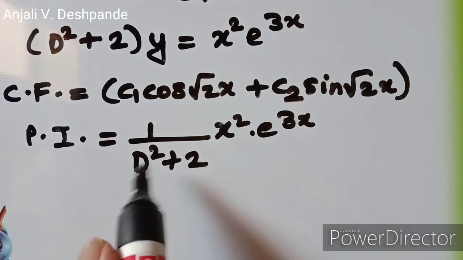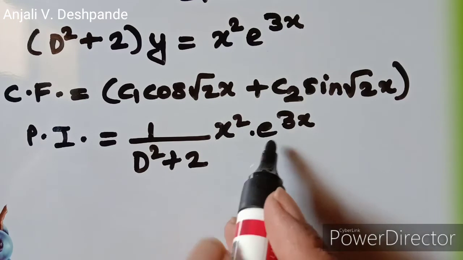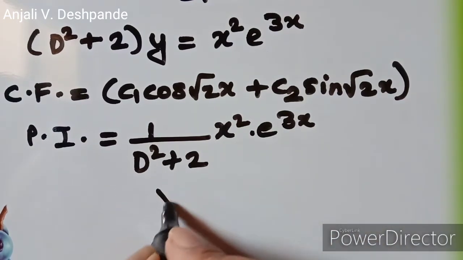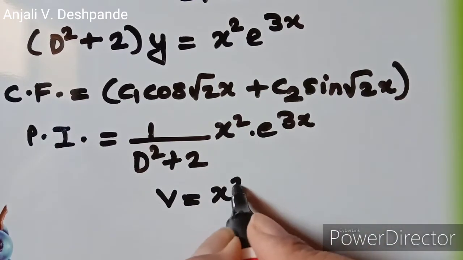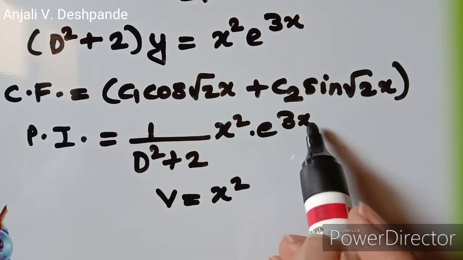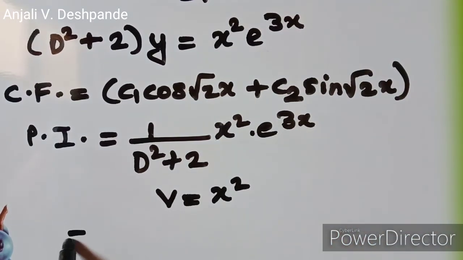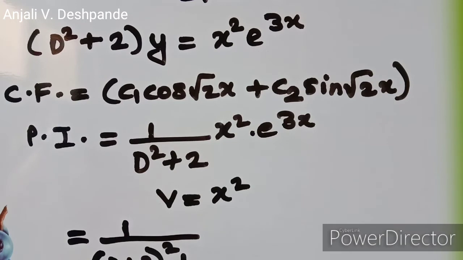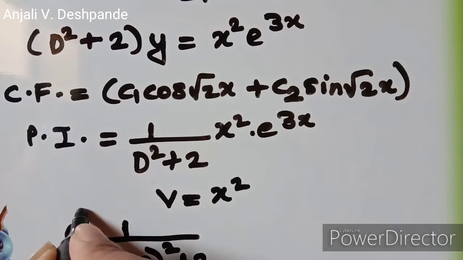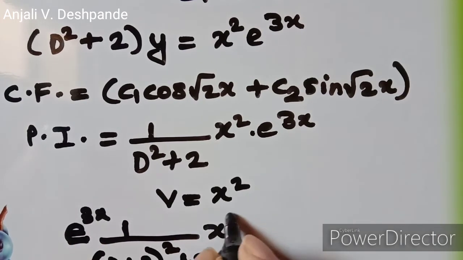So in this particular problem, the function V is x square, so the other function is e raised to 3x. So therefore this will be equal to 1 upon, we will write like this, (D plus 3) whole square plus 2, and operated on this side we have to take e raised to 3x, operated x square.